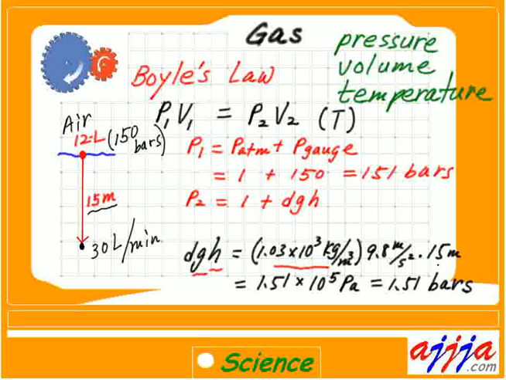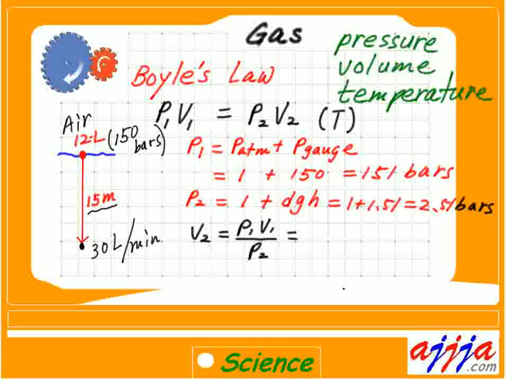We figure everything out, which is 1.51 bars. So this means 1 plus 1.51.